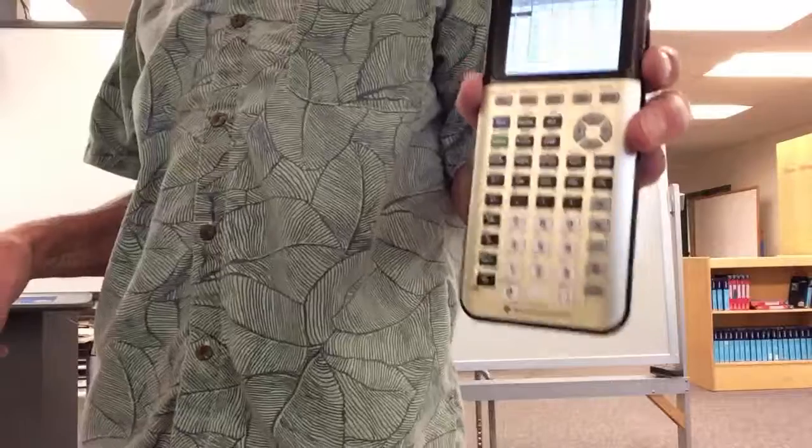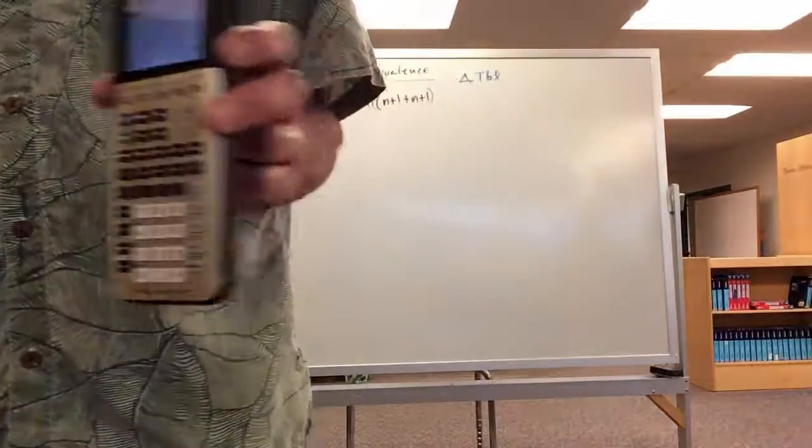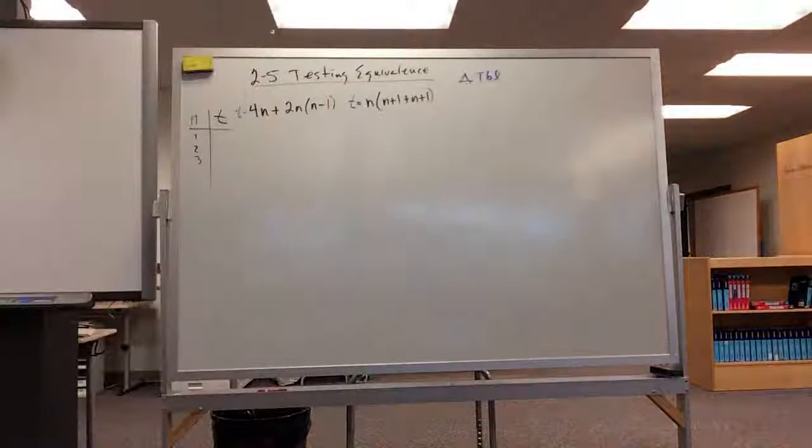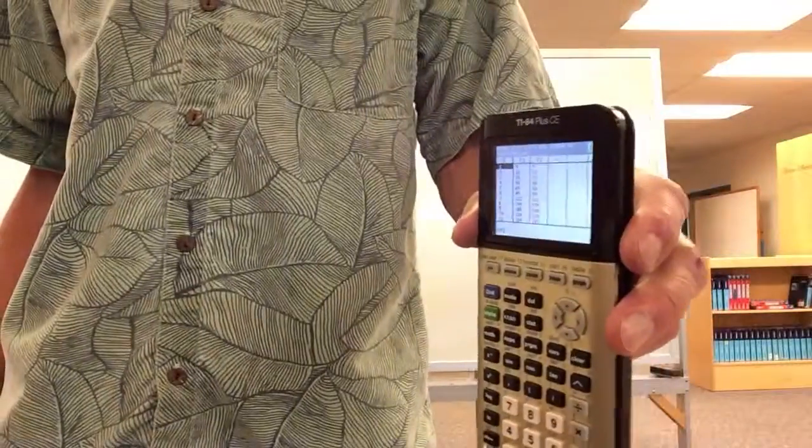And then you'll see a blue table and a red table. Everybody's calculator has different colors up there. That's the second function. So then you'll see you've got all of these values in here.